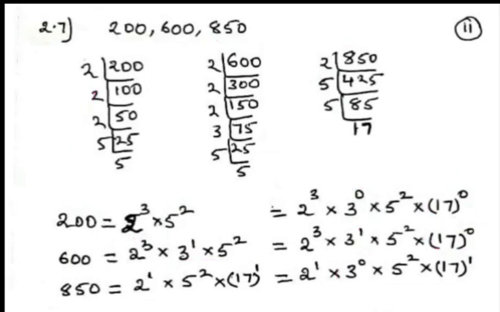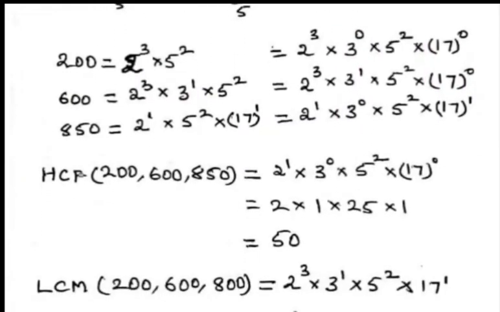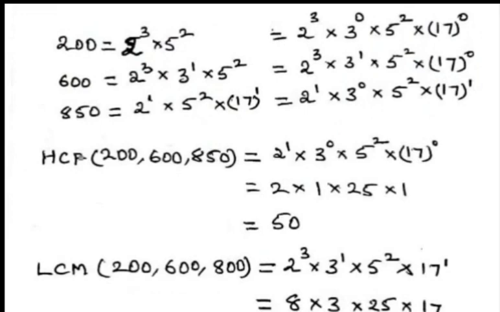Now we find the HCF. To find the HCF, we have to take the prime number with the least power. So these two are not taken. 2 power 1 is the least power.